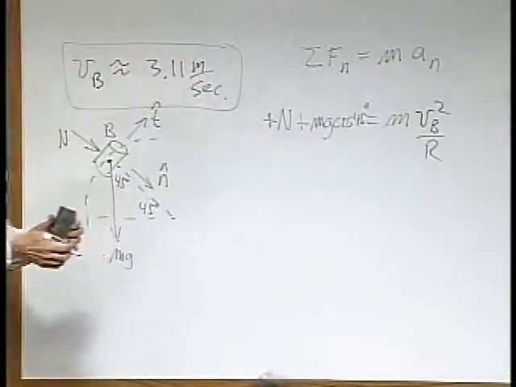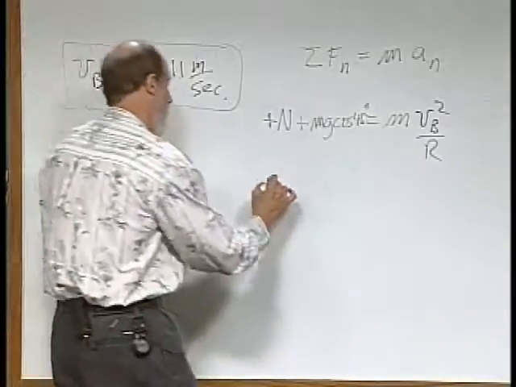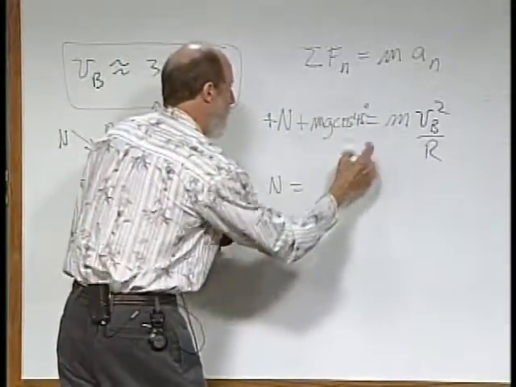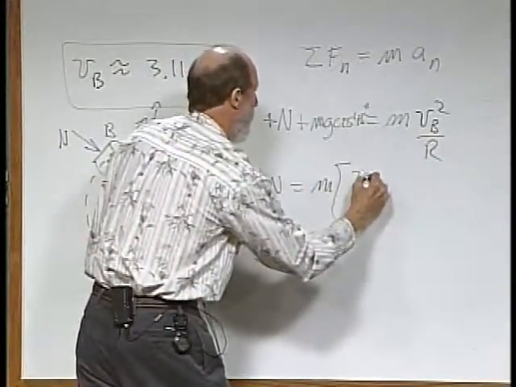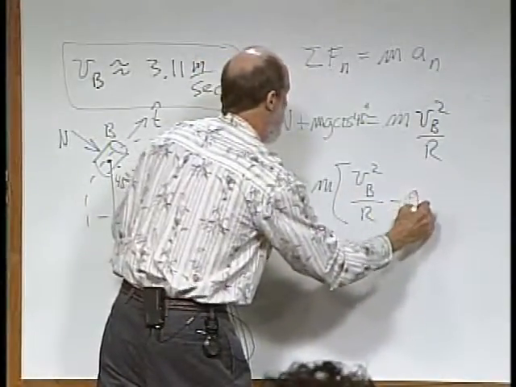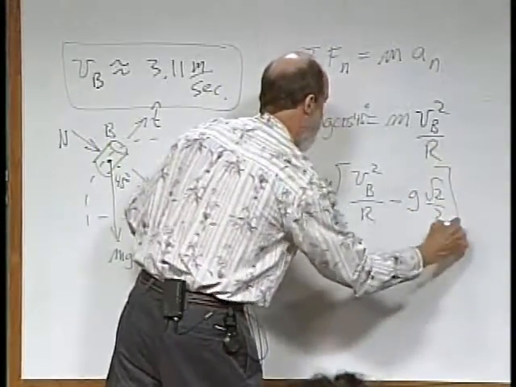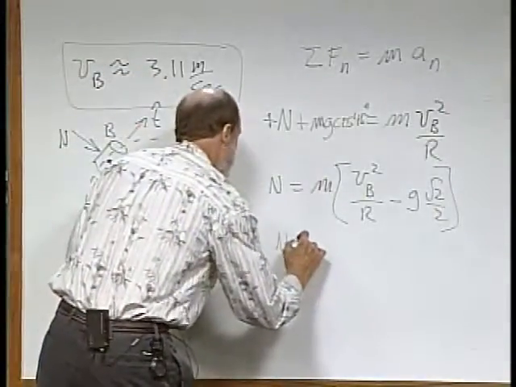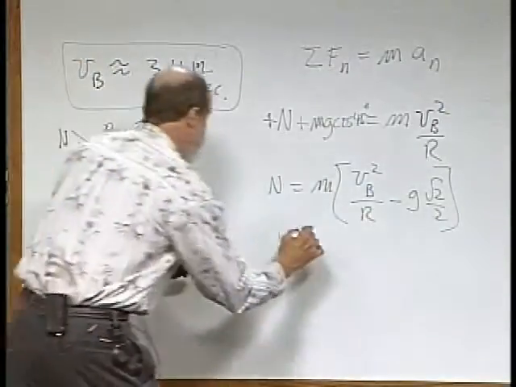There we go. So now we can solve for N because we know what VB happens to be. The normal force is going to be our mass, which I could factor out, and we're left with VB squared over R minus g cos 45, square root of 2 over 2. And we can place our numbers in there. Our mass again was 1/4 kilogram.